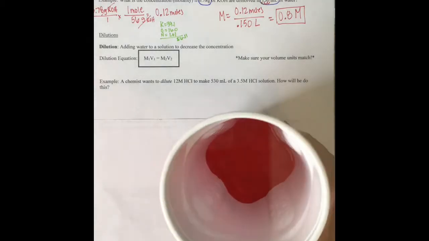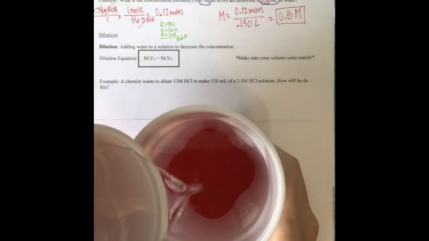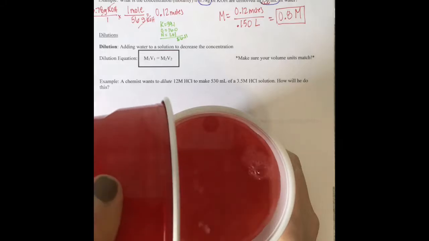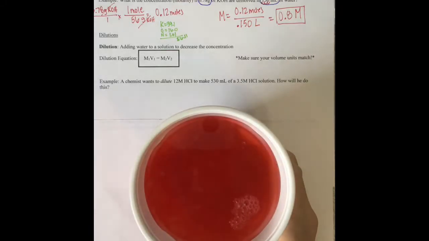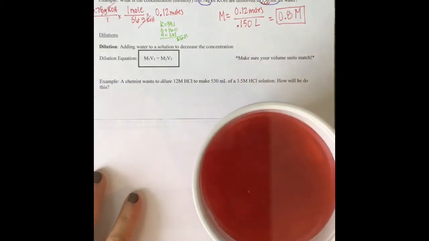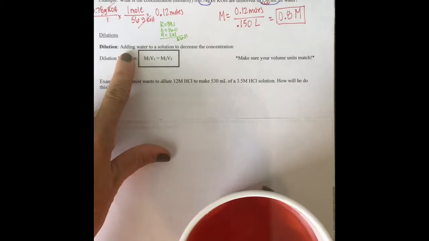I could add more water, and that would significantly dilute my Kool-Aid because there'd be more solution for those moles to move around in. And so that's the concept of dilution that you see here. Adding water to a solution will decrease the concentration.